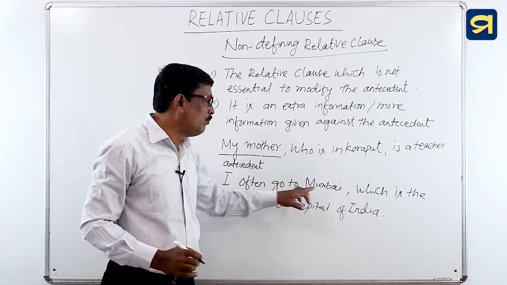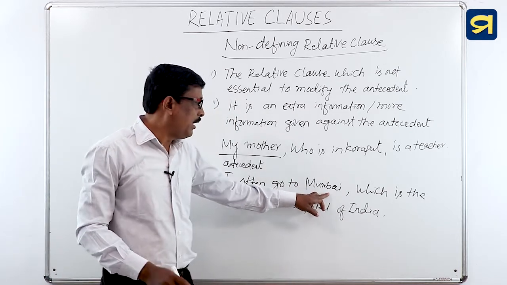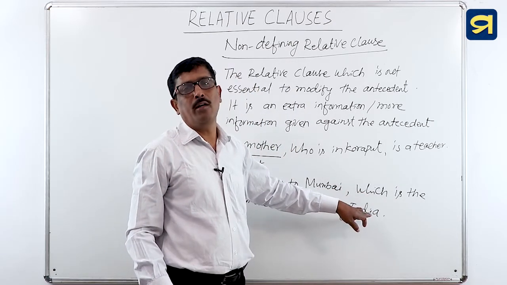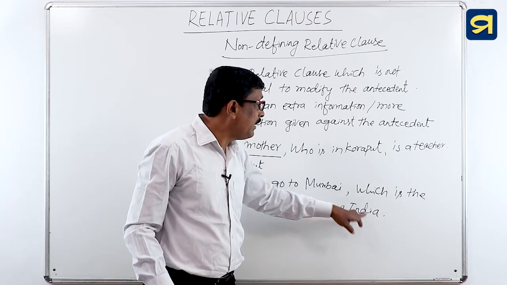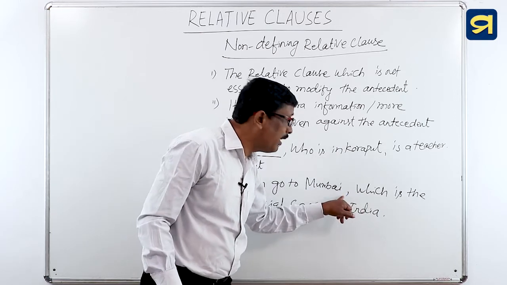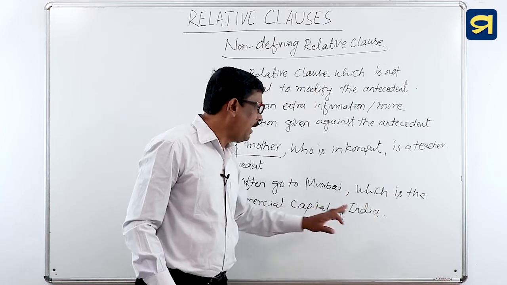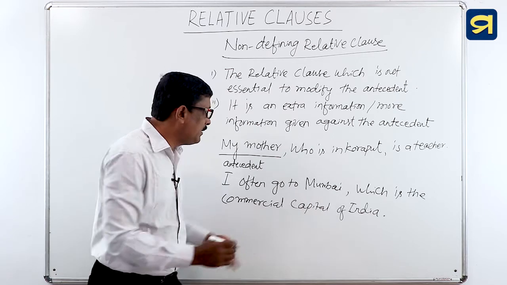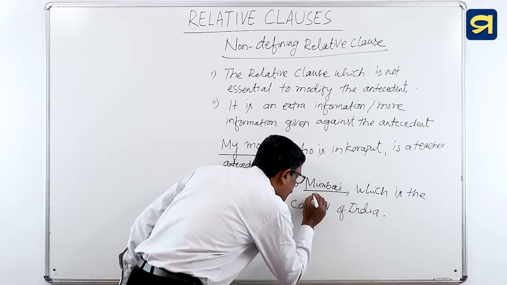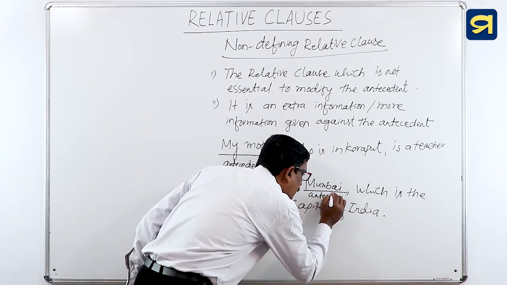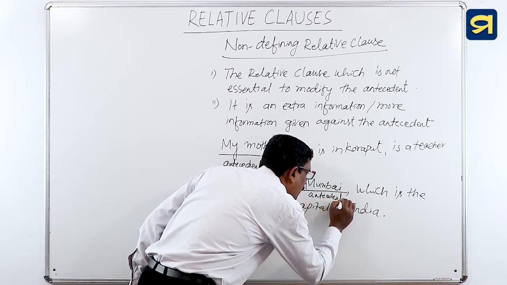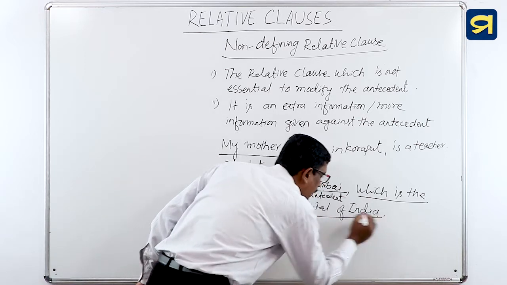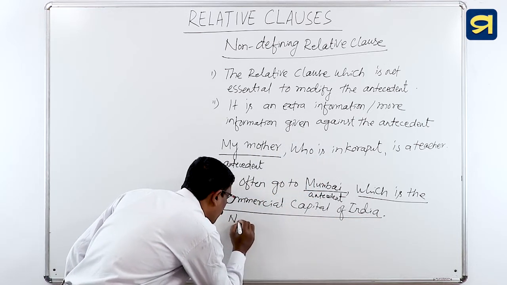I often go to Mumbai is the main clause. And which is the commercial capital of India is the non-defining relative clause. And it is given at the end of the sentence, so one comma is given here. And after the full stop, no comma will be given. Here the antecedent is Mumbai.